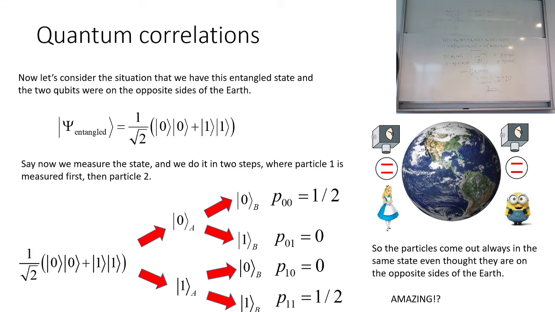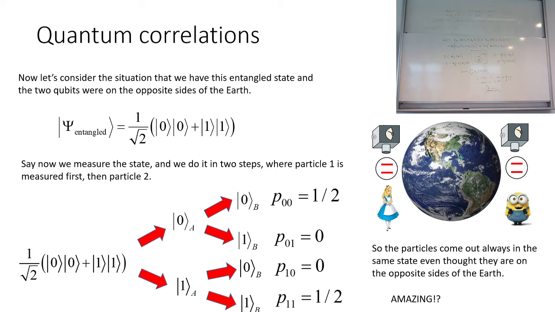So we have this state. Alice does a measurement, so she'll get either 0 or 1, with 50-50 probability. And then Bob will do his measurement.